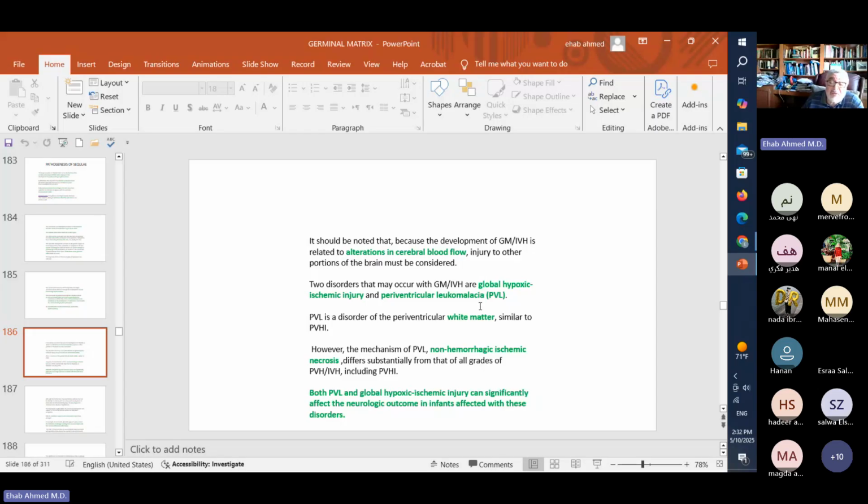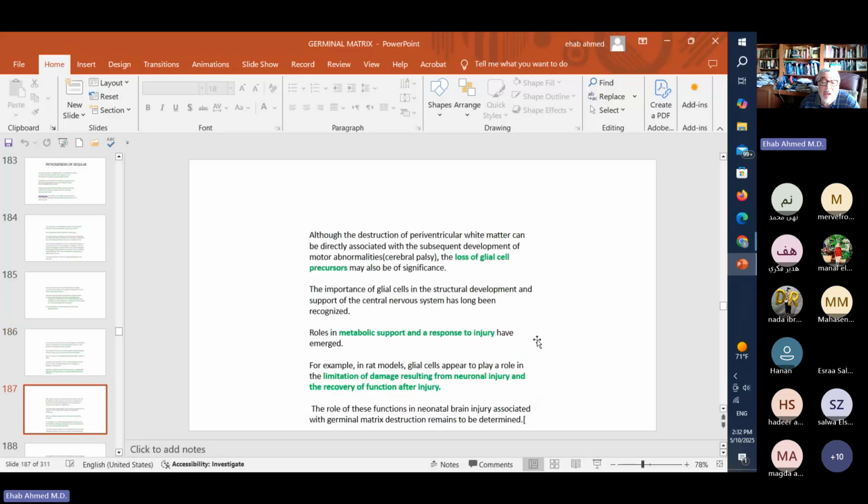So PVL, periventricular leukomalacia, could happen. It's a very serious problem. It affects the white matter in the brain, and the etiology is non-hemorrhagic ischemic necrosis. It is very serious, and it can lead also to CP. Okay.